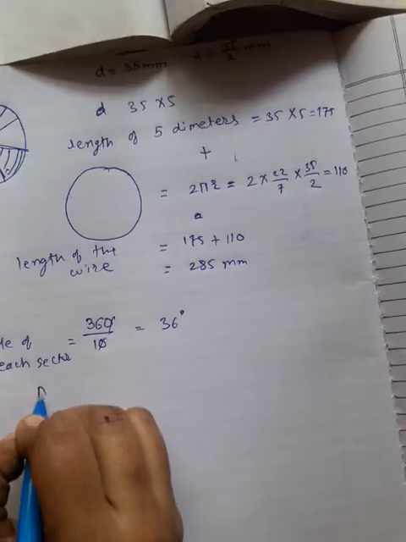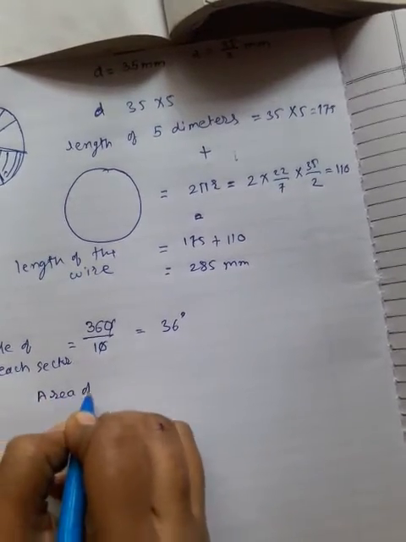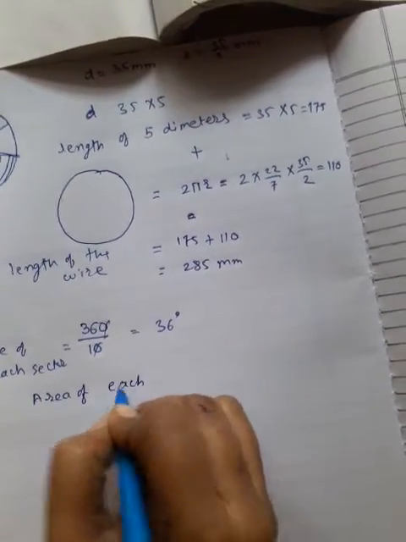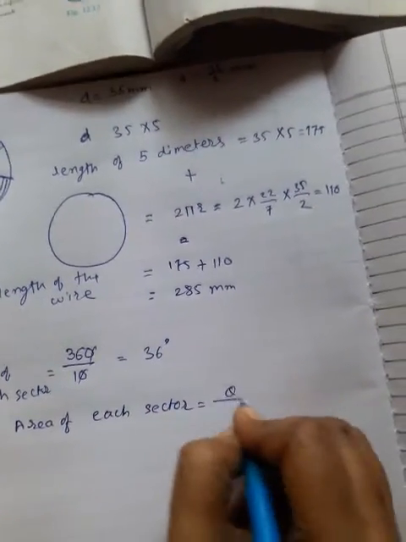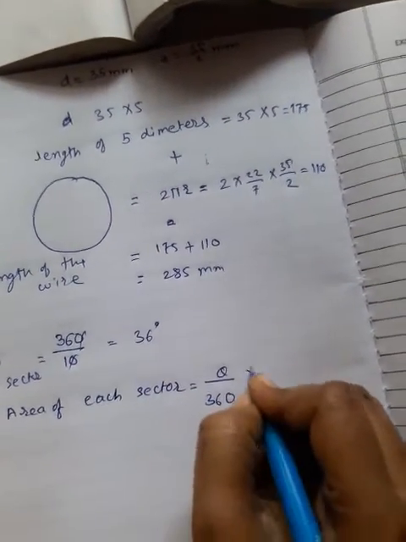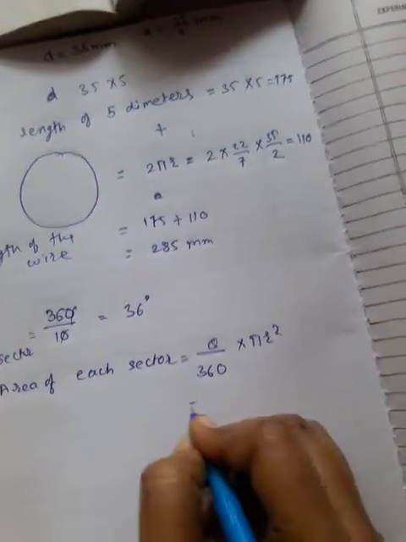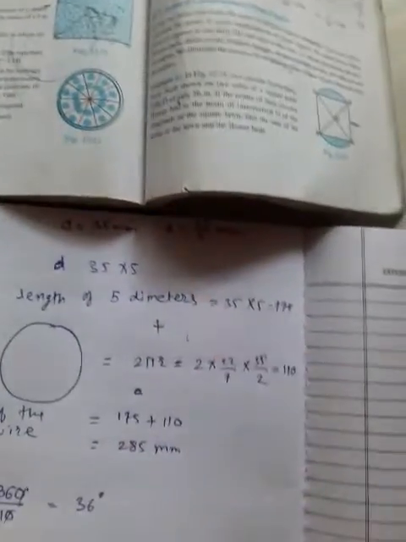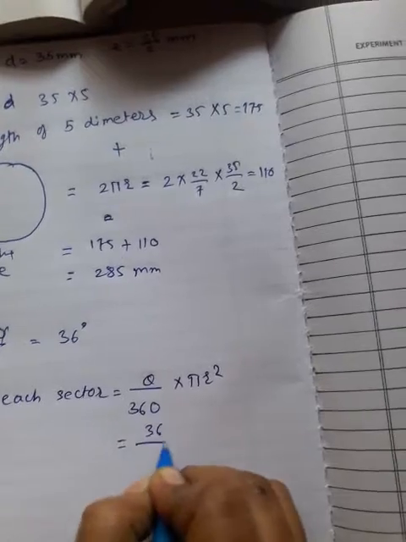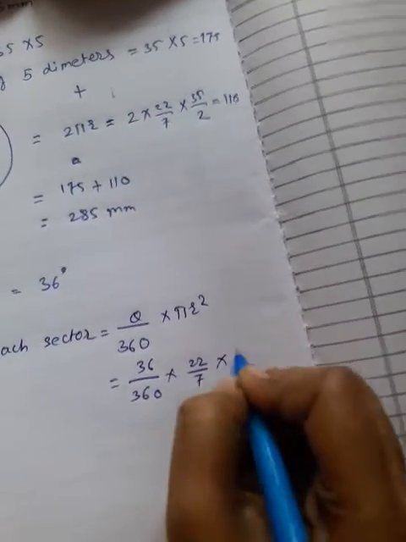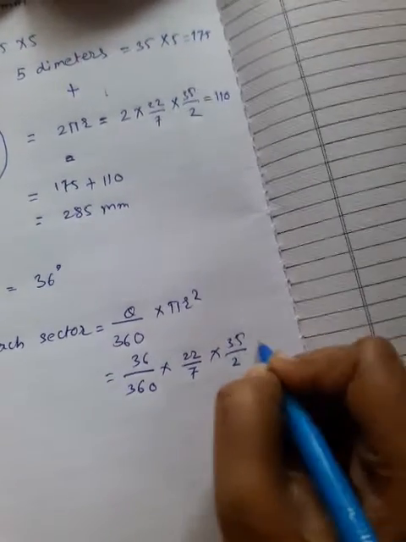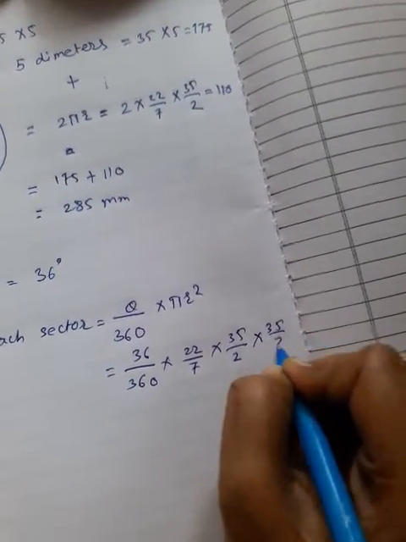Now the area of each sector. We got the angle, so we substitute in the formula theta by 360 into pi r square, and the radius is 35 by 2. So 36 upon 360 into 35 by 2 into 35 by 2.